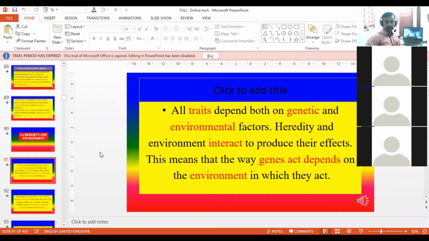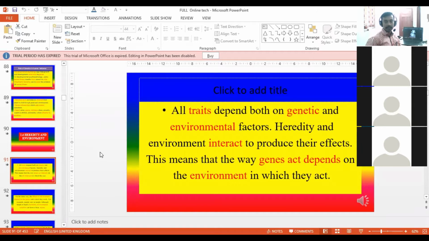How genes act depends on the environment, which means if a person has their own character, to display that character they need a favorable environment.